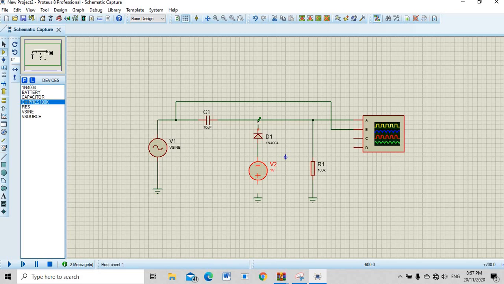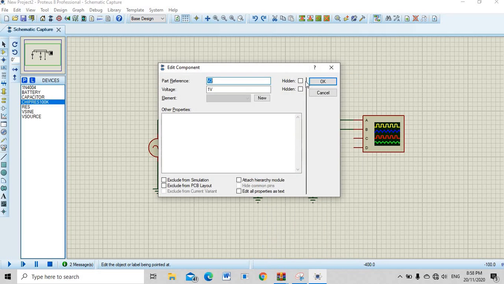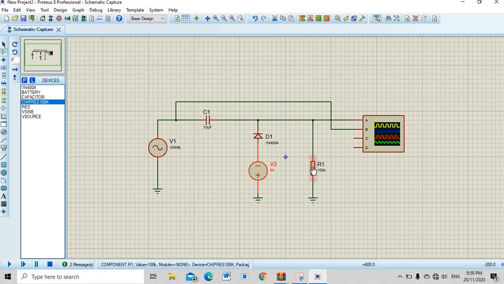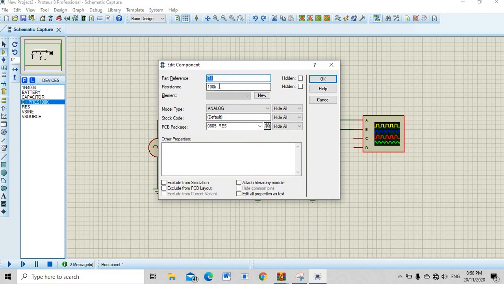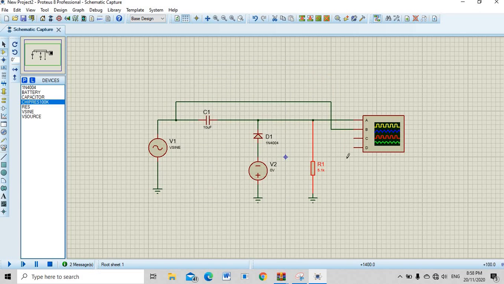Connect the wires. Change the value of the voltage source here to 0 volt, and also change the value of the resistor here to 5.1 kilo ohms. We are all set up.